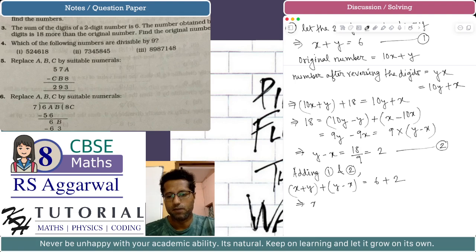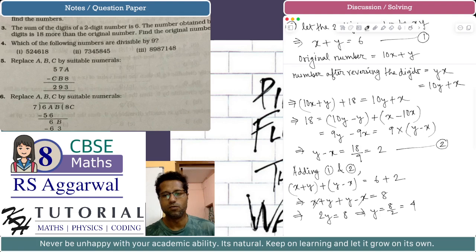If we open up the brackets, we have x plus y plus y minus x equals 8. On the left hand side x cancels out and we have twice y equals 8. This implies y is equal to 8 by 2, that is 4. So y is equal to 4.